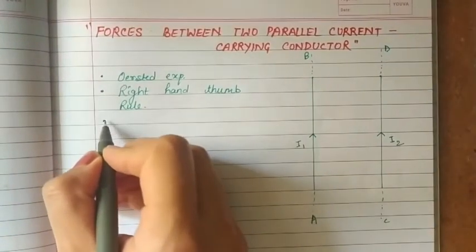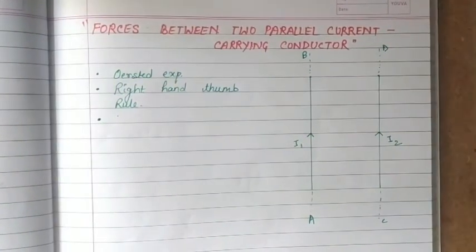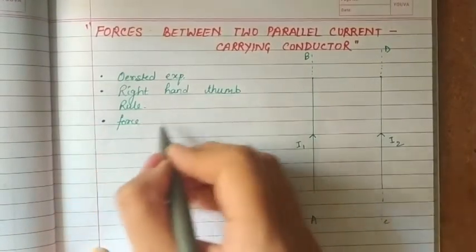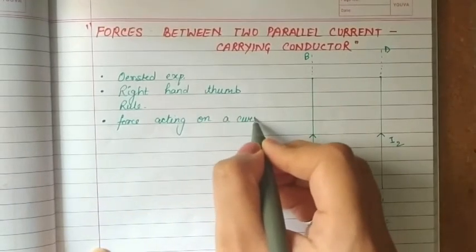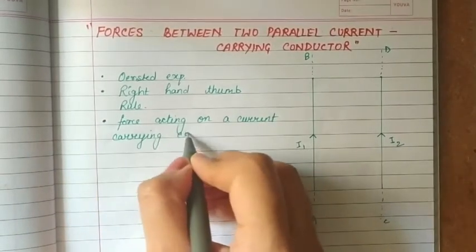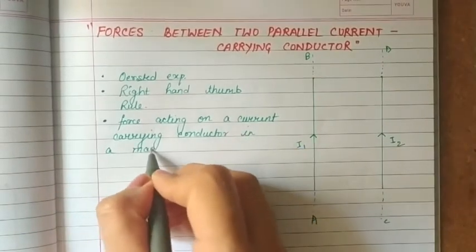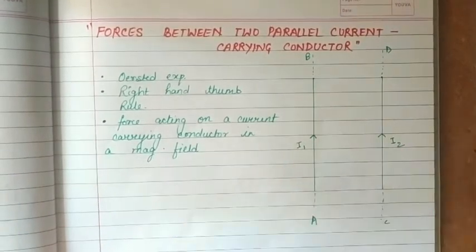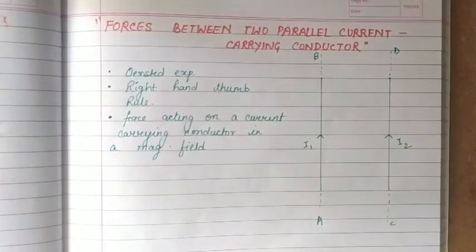And the third one is what we studied in the previous video, that when a conductor is placed in a magnetic field, then force acts on it because of that magnetic field. Means the third concept is force acting on a current carrying conductor in a magnetic field. Now these are the three concepts that we are going to use to study the forces between two parallel current carrying conductors. So let's see how it works.